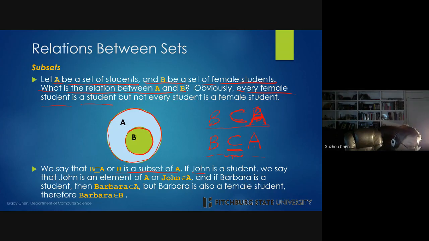So if A is a set of students and John is a student, then we say John is an element of A, because A is a set of students and John is an element of A. So we use the notation John is in A.